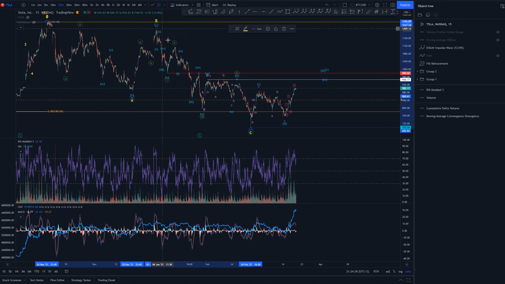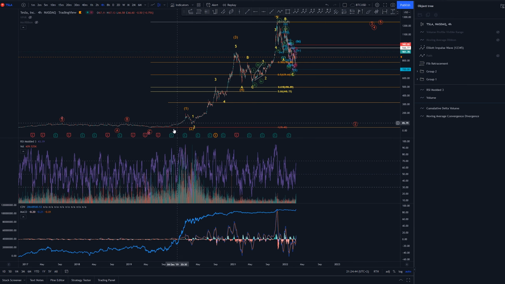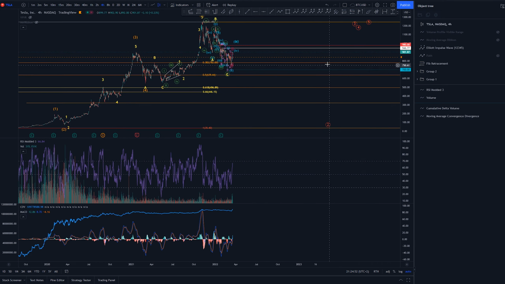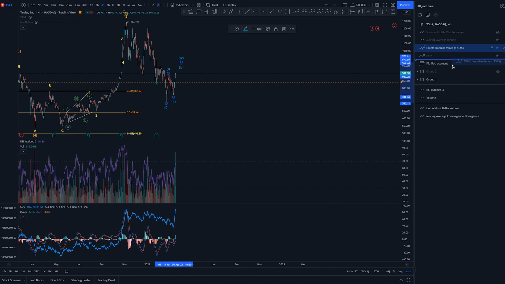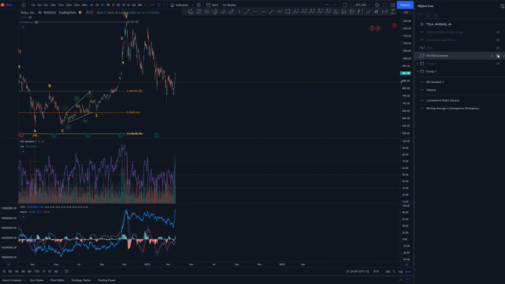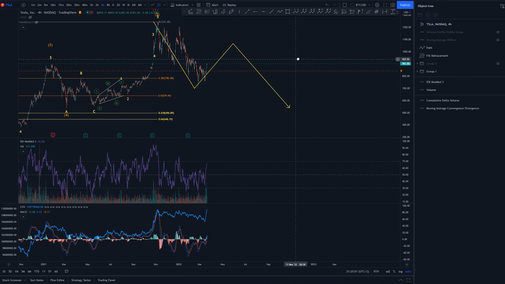Now whether this is minor or intermediate, correcting this whole structure all the way down from here, 2019, is definitely debatable. What we can do here, let me just hide this for a minute, and this here as well, is something like this.